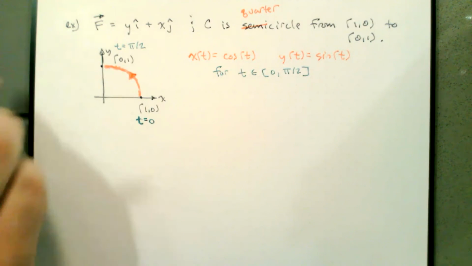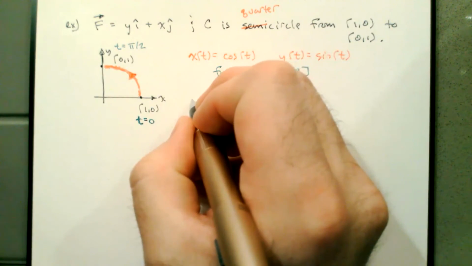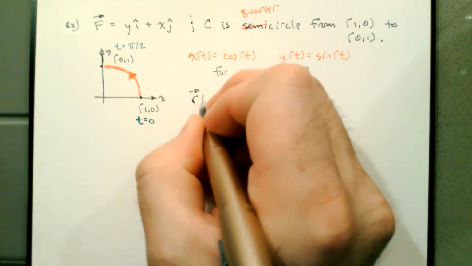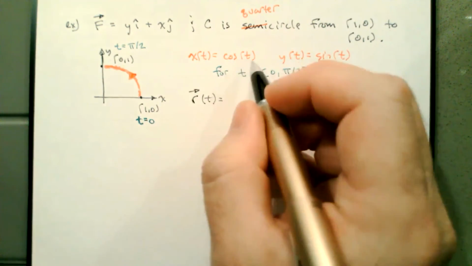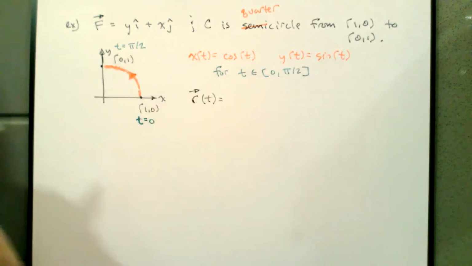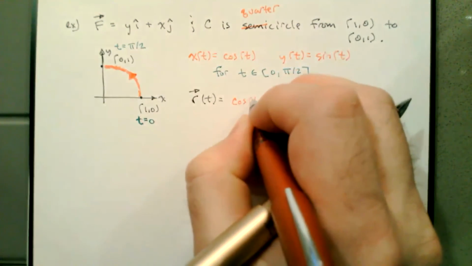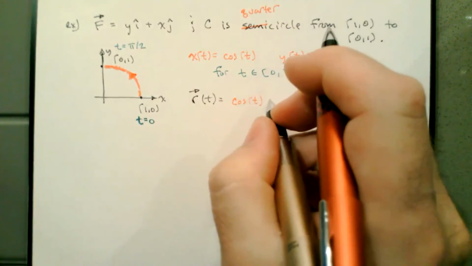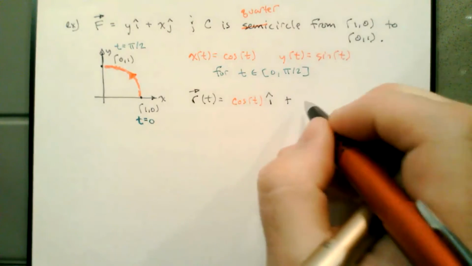We need to write down our parameterization as a vector, because we're going to drop part of it into its derivative in a dot product anyway. So our curve is r equals cosine of t times i plus sine of t times j.